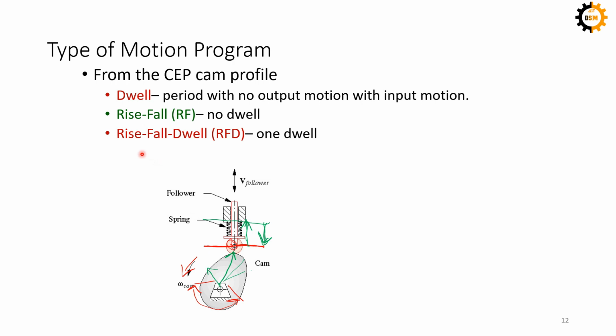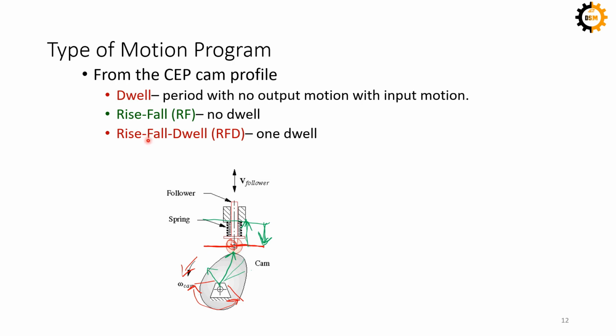Then we have another motion type program if we divide the segment into rise, fall, dwell. So what happens is that the cam profile moves in a way that the follower rises, then it falls, and then the radius remains constant. Okay, so we call it rise, fall, dwell.